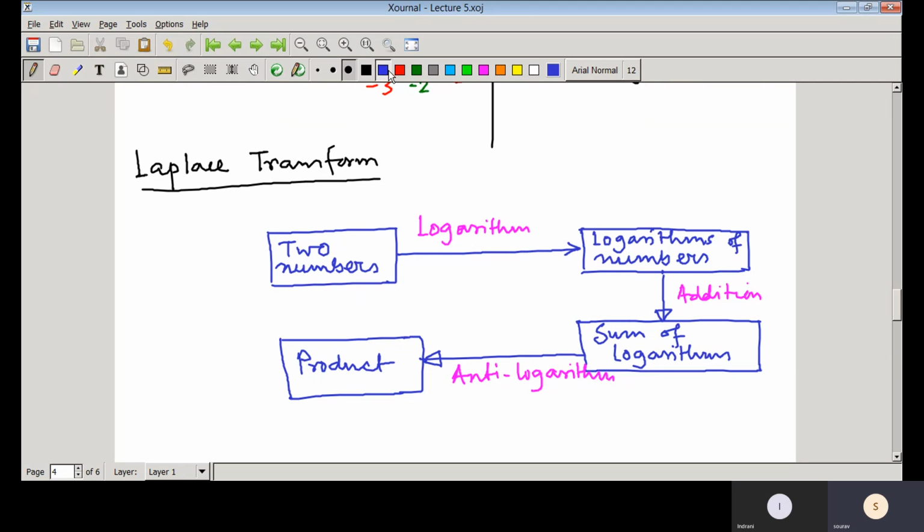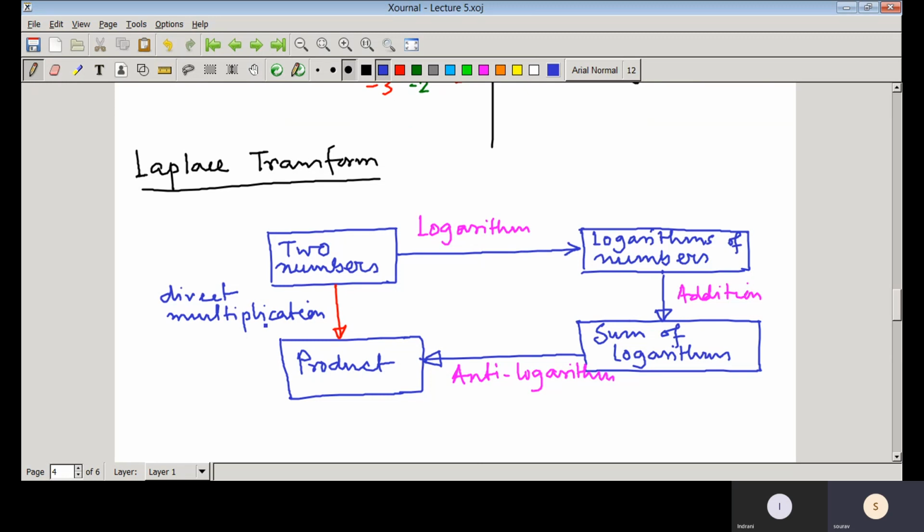So this product you can also get through direct classical methods, by direct multiplication. So basically there are two methods.